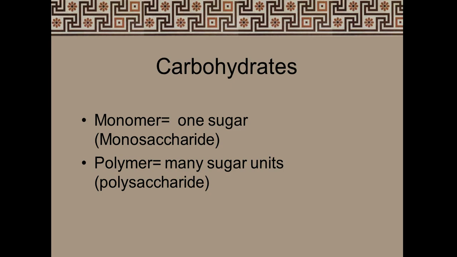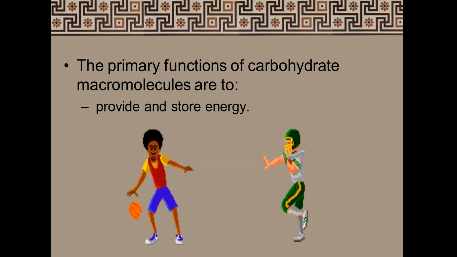Now, don't get confused, because some students still ask, why is a monosaccharide still a carbohydrate? Well, it's still classified as a carbohydrate. And also, you can have trisaccharides and so on, but we're just going to talk about mono, di, and polysaccharides.